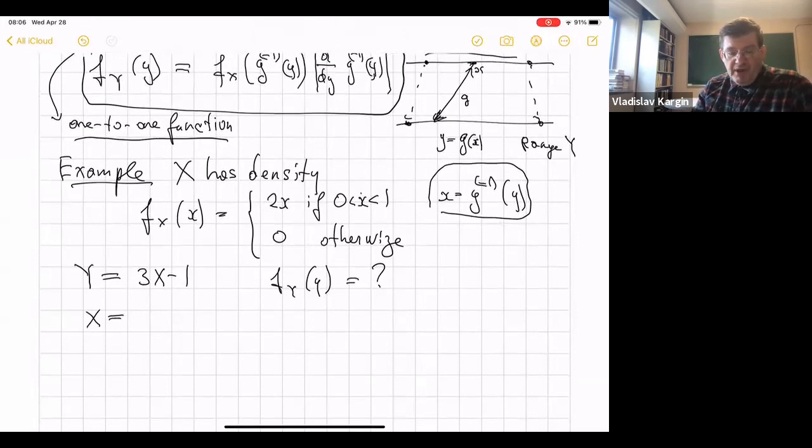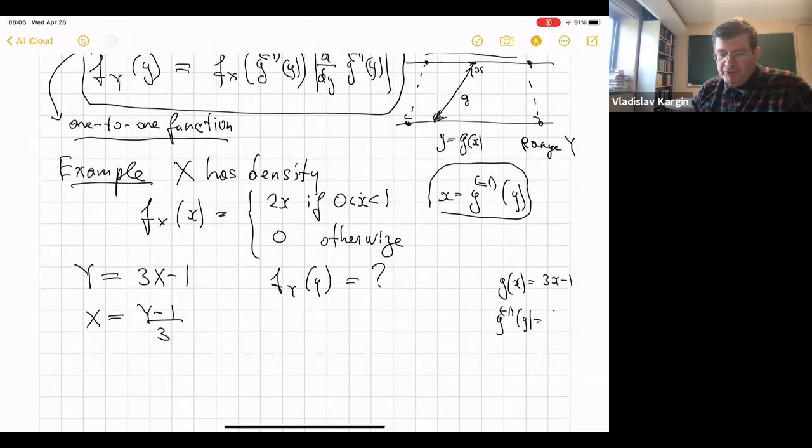Our g of x is equal to 3x minus 1, and the g minus 1 of y, in this case, is equal to y plus 1 divided by 3. And so we just write down the density.